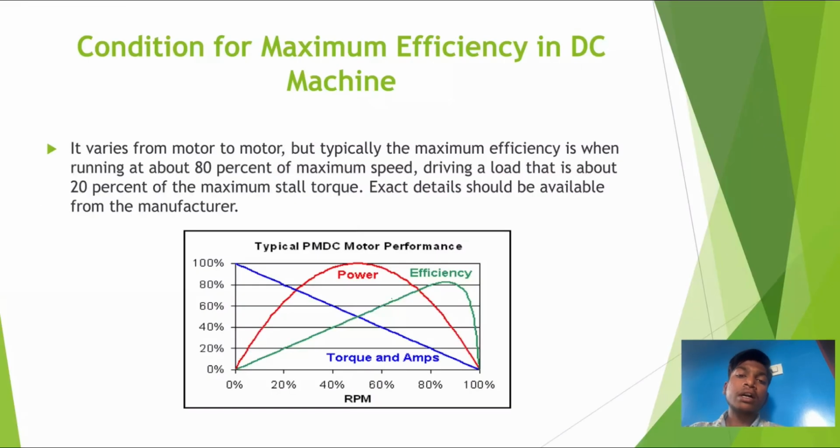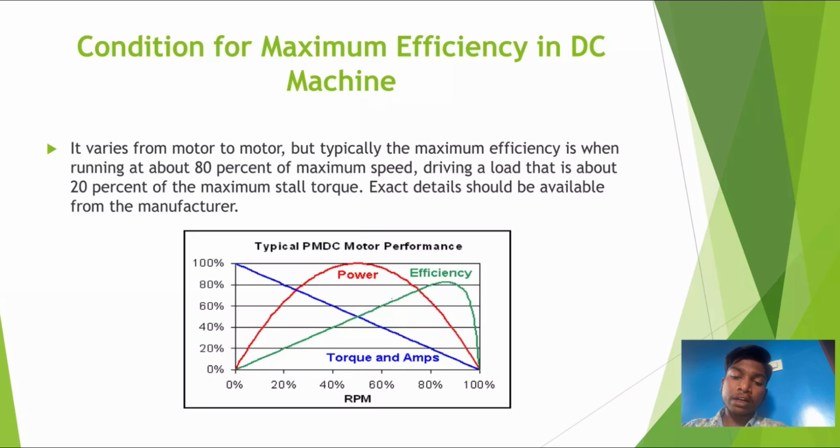And here, the condition for maximum efficiency in DC machines varies from motor to motor, but typically the maximum efficiency is when running at about 80% of maximum speed during a load that is about 20% of maximum stall torque, and exact details should be available from the manufacturer.